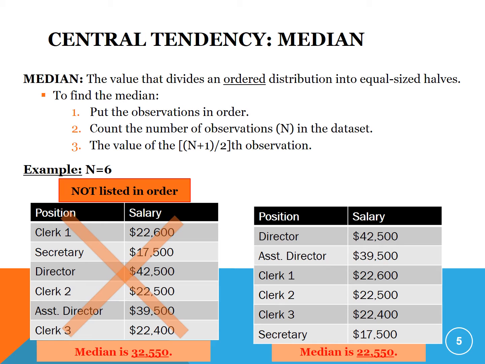The first line is 1 for director, second line assistant director, third line clerk 1, fourth line clerk 2. So somewhere in between clerk 1 and clerk 2 is our median, and that is $22,550. That's the median salary for this particular data set.